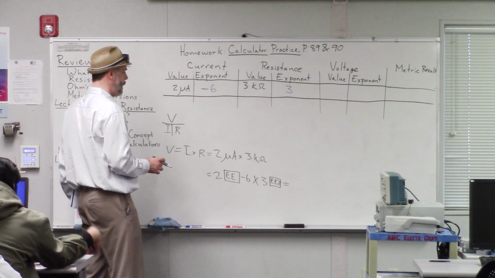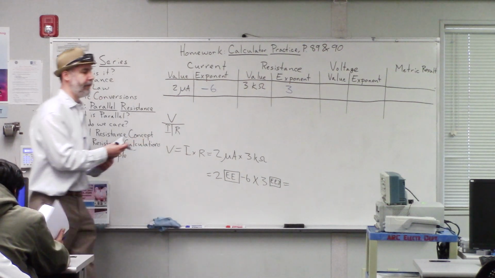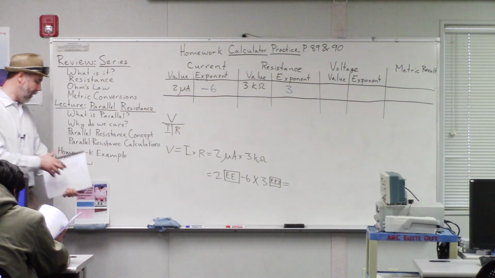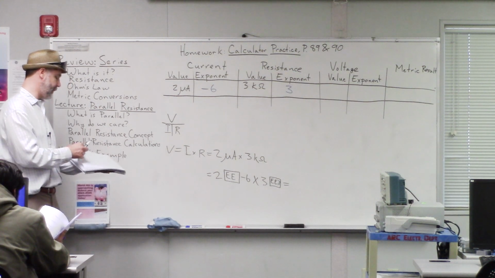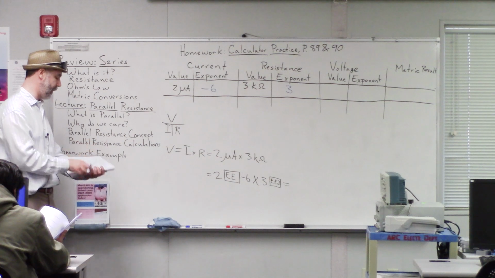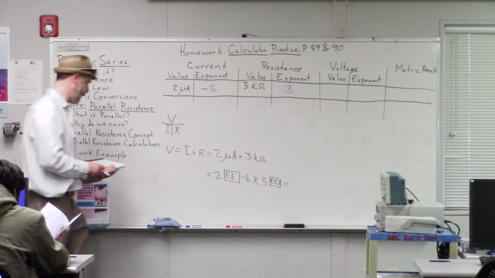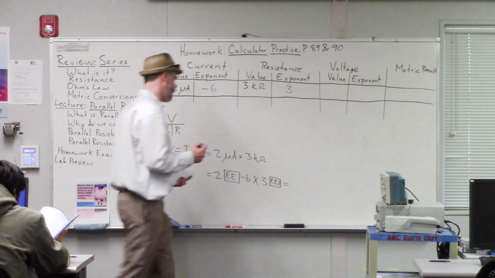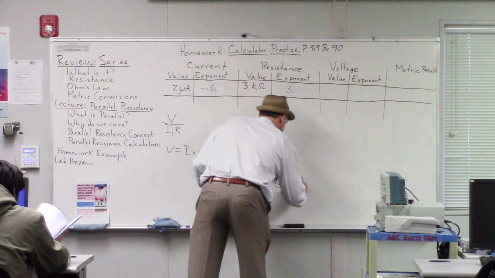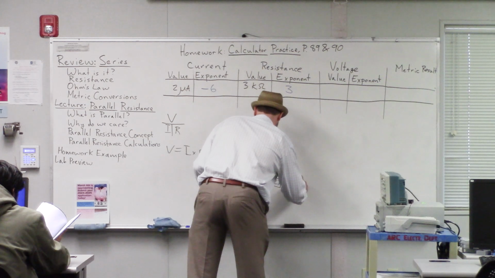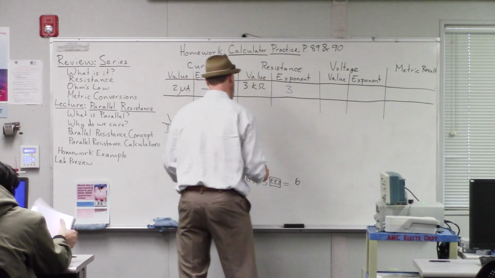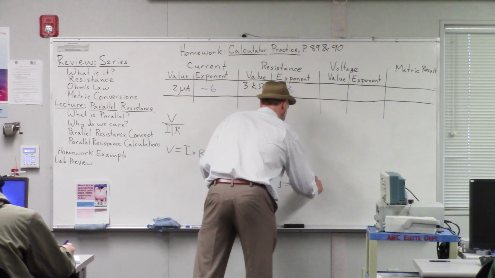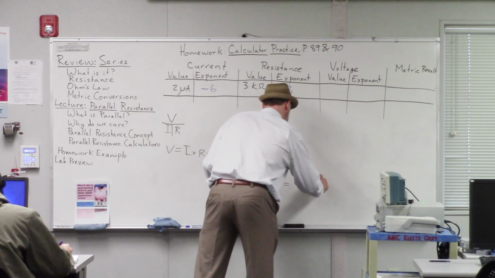When we hit equals, hopefully the calculator will give you back the answer in engineering notation. You can put your calculator in a mode that will give you the answer in engineering notation. So the answer should be something like 6 times 10 to the -3.